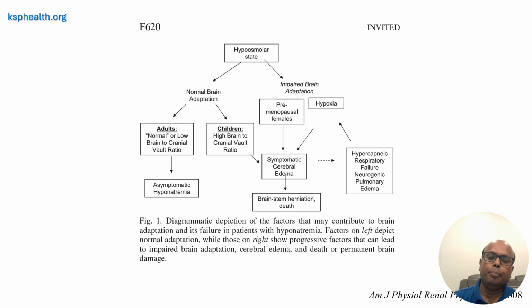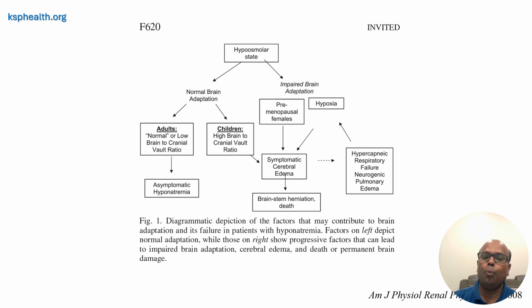In children, the high brain to cranial vault ratio causes symptomatic cerebral edema and thus brainstem herniation and death. In the presence of estrogens, which is in reproductive age group females, and hypoxia, the adaptation is impaired, thus symptomatic cerebral edema and its consequences happen.